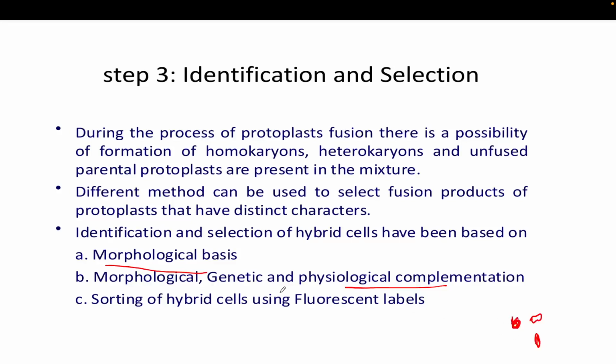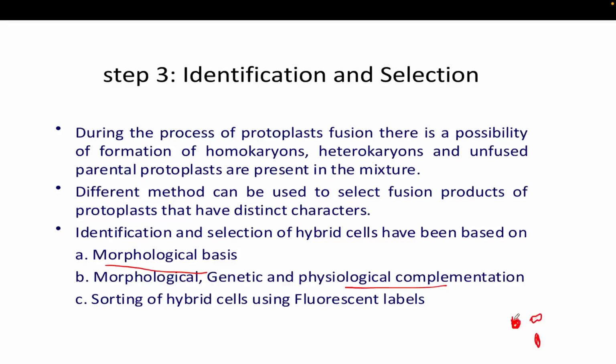The second is the genetic approach. Through isolating the DNA you can do PCR and so on, and find out which cell has your desired gene sequence, or which properties are present in the different types of hybrid cell. Another approach is the fluorescent label.